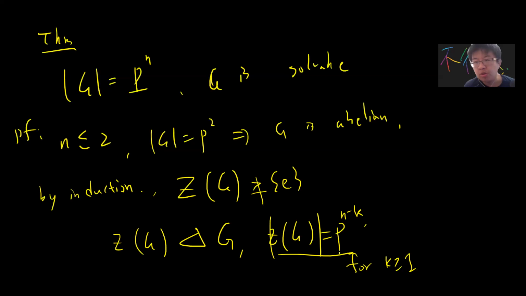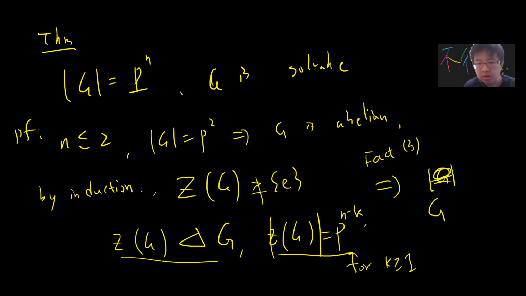So Z(G) is normal and solvable, and G quotient Z(G) will be solvable by induction. So by the previous fact 3, we know that G of prime power order p to the n is solvable.